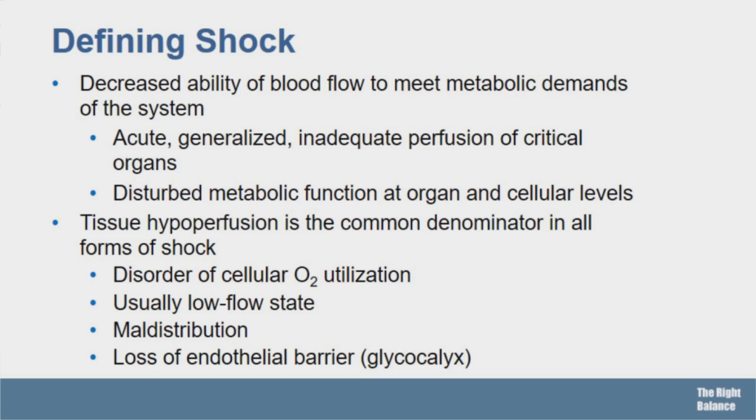And in relationship to the loss of the endothelial barrier, I'm going to have a very simple explanation of something known as the glycocalyx. And we're going to talk more about that a little later. But the way I want us together to be thinking about the glycocalyx is that this is the barrier that helps us to keep fluid inside our vessels.